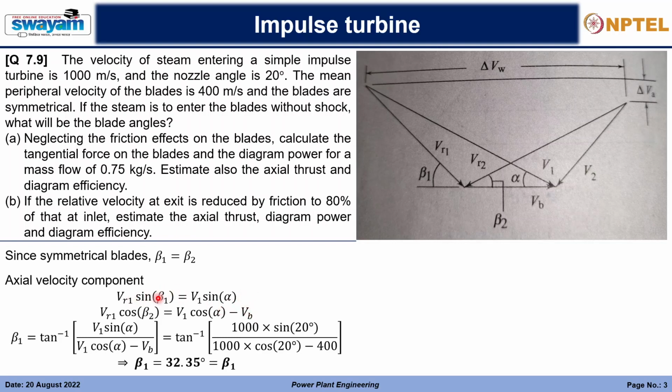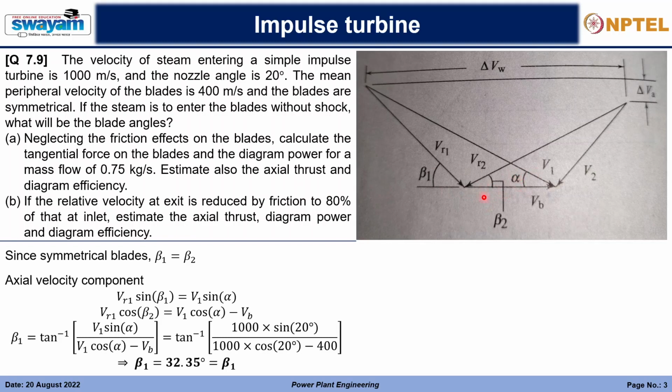If we separate the components of v1, this is the vector v1, and vr1, we will know that. So the vertical component vr1 sine beta 1 is the same for both, so vr1 sine beta 1 is equal to v1 sine alpha. And accordingly, vr1 cos beta 1, from this point to this point, the whole vector, will be v1 cos alpha minus the blade velocity.